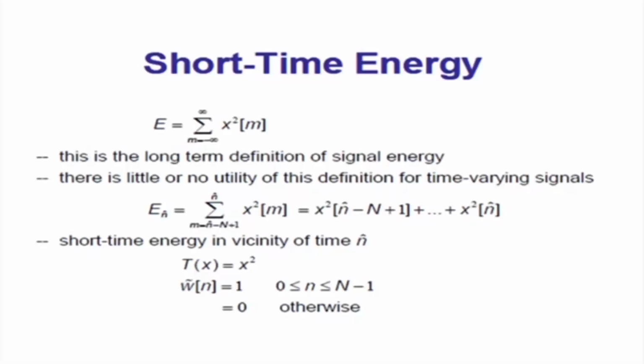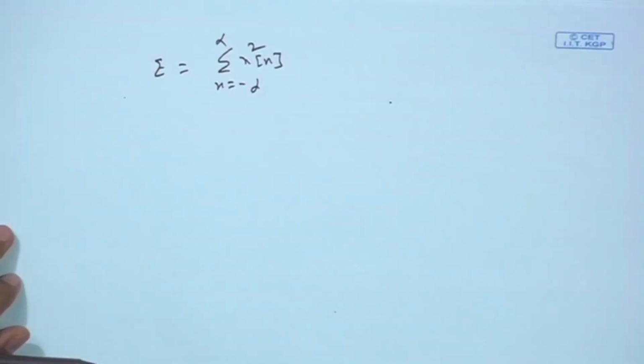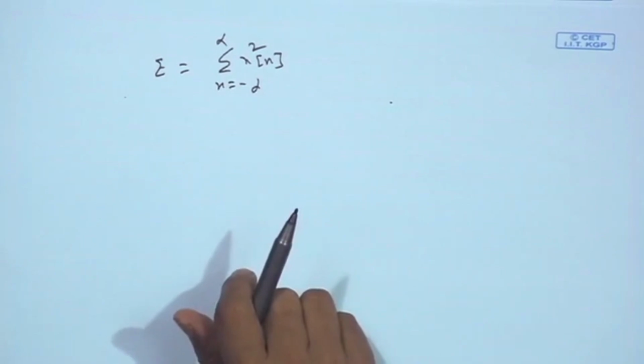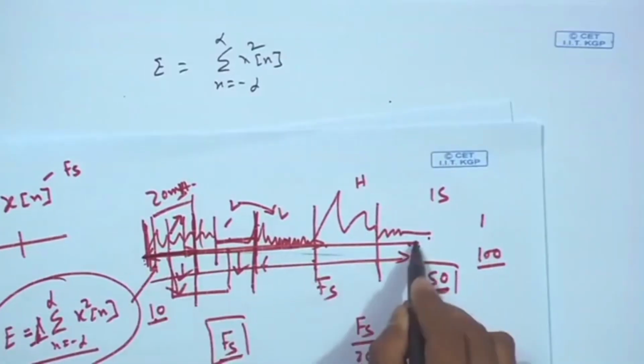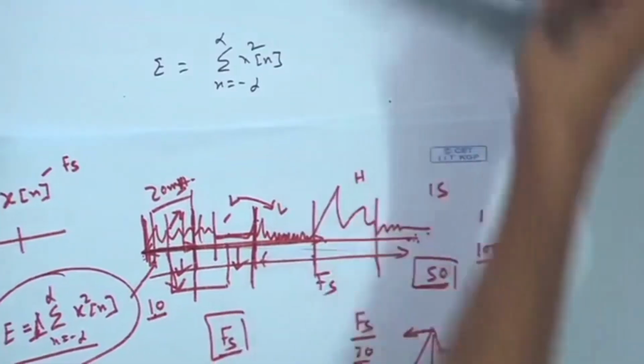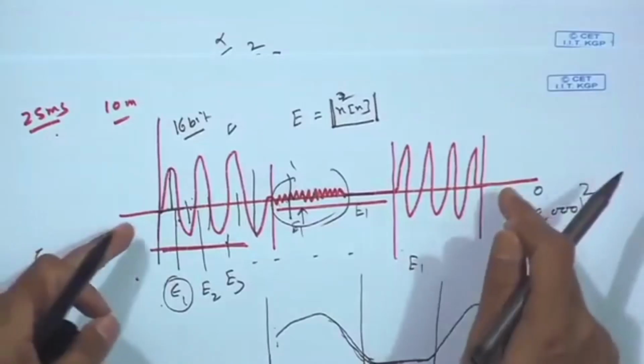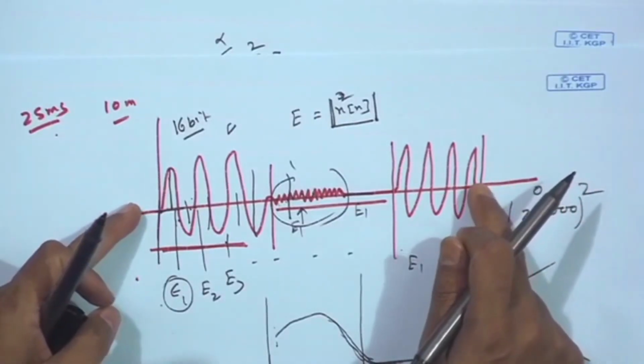Short time energy mathematics. So, the energy E of a signal is the sum over n equal to minus infinity to infinity of x of n square. So, this is the whole signal energy, the long term definition. If I take the whole signal's energy at a time, there is no use.